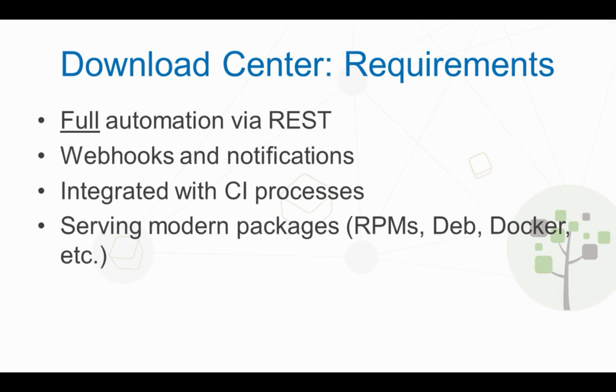So people are doing it, but they may come up with their own solution. But for a download center, you need it to be automatable in order to be able to do that. And of course, you want to have the smartness in your download center to be able to serve smart packages such as RPM, Debians, Docker images, etc.